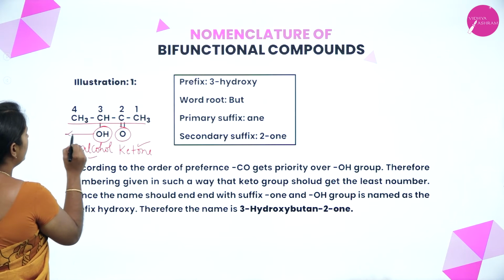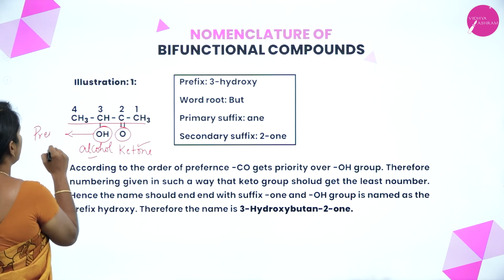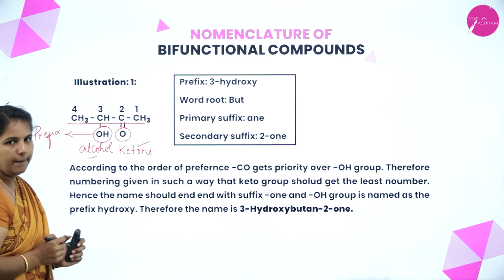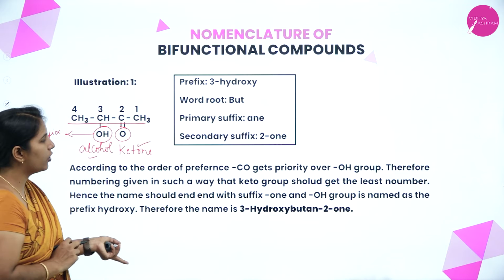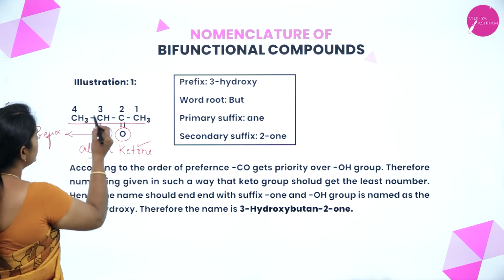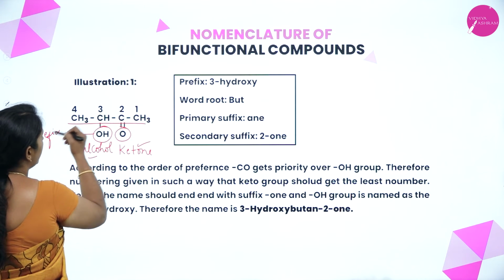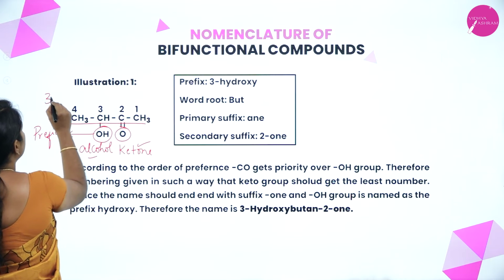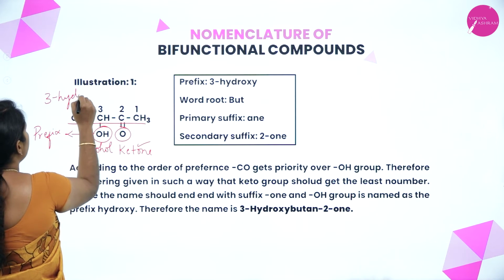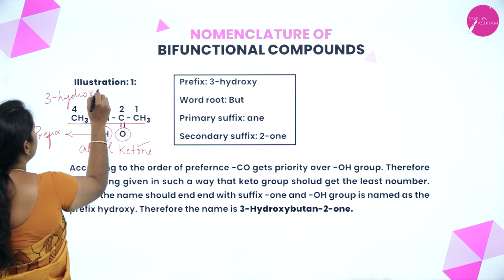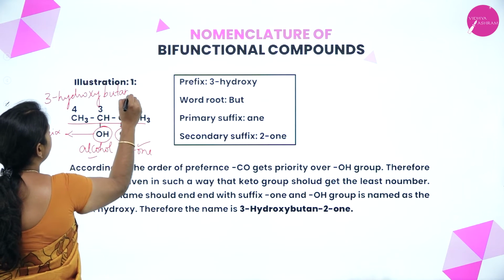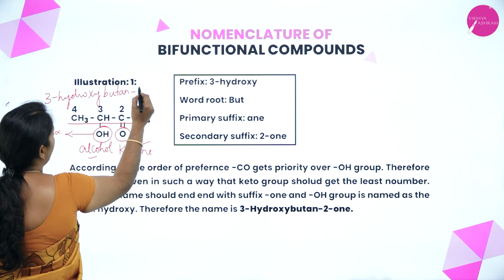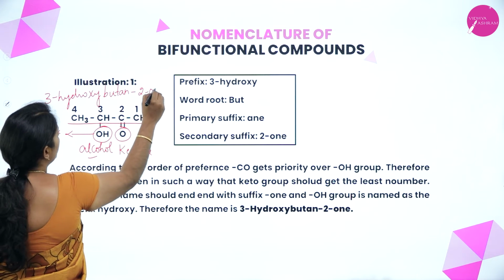So this alcohol will act like a prefix now. What is the prefix for the alcohol? That is hydroxy. Which carbon atom has the hydroxyl group? 3. So it is named 3-hydroxy. How many carbon atoms in the chain? 4. Butan, it's a ketone, right? So 2-one.